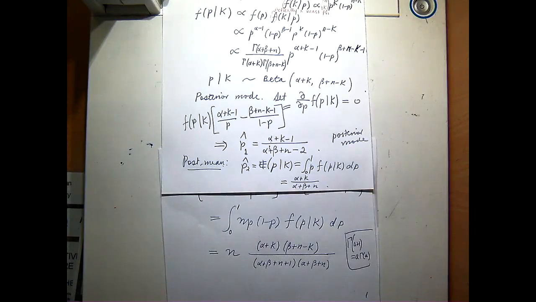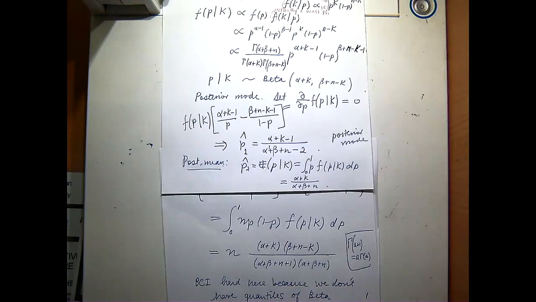So let's not do a Bayesian credible interval, I'll just say it here, because we don't have the quantiles of the beta distribution.